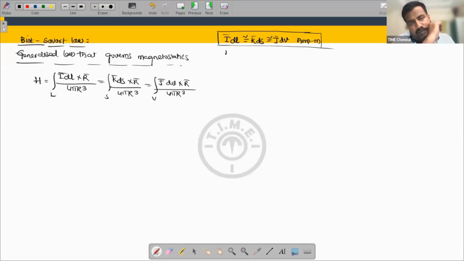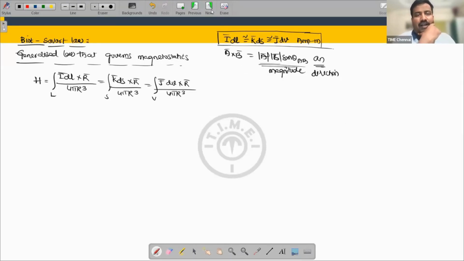Clearly, as we know, if you take a cross product, A cross B is given by mod A, mod B, sin theta AB into AN. AB sin theta gives you the area formed by the arms of a parallelogram A and B, representing the magnitude of the cross product, and AN represents the direction of the cross product.